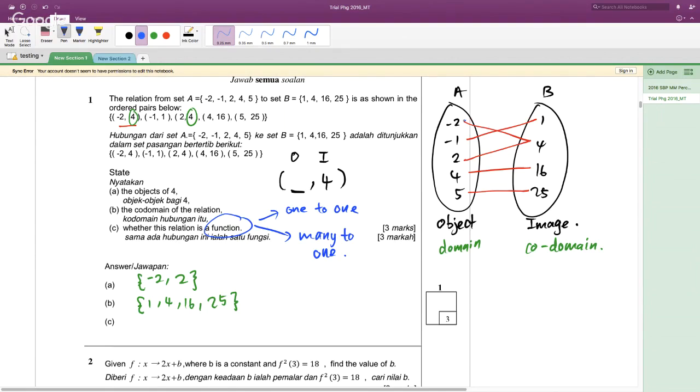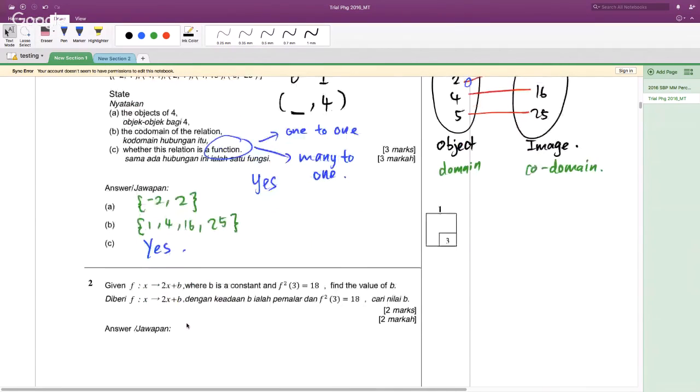This one is called many-to-one. So yes, it is a function. And the other is just one-to-one, so definitely yes. Unless you have one-to-many or many-to-many, then it's not considered a function. If you don't write the bracket, I think maybe you will lose a mark. So just write a bracket in this topic.